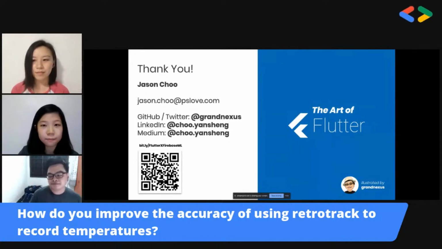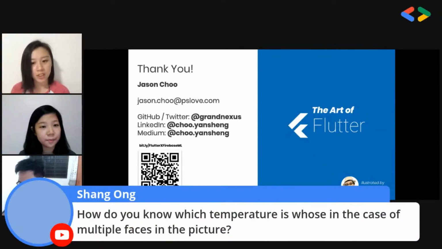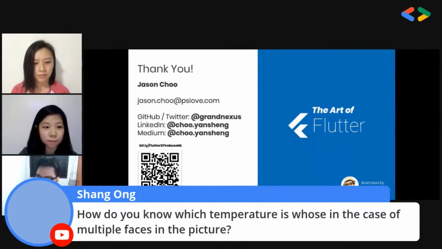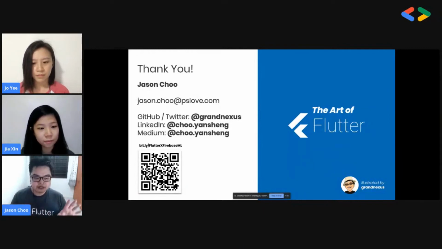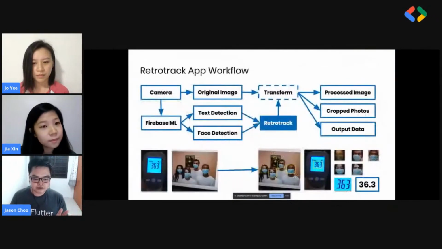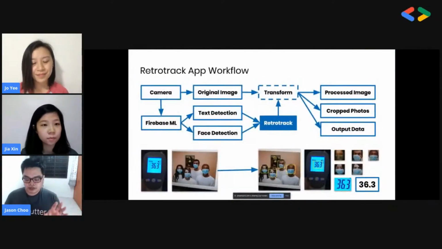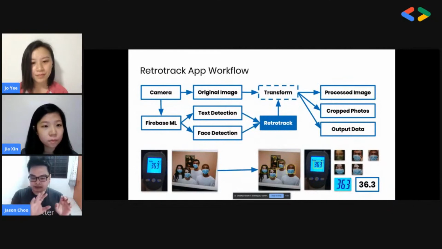How do you know which temperature belongs to whom in the case of multiple faces in the picture? Yeah, this is a use case that I was trying to do during my hackathon. Right now I do a sequence-based way of tracking. Once the photo is detected, you can see in this photo that it will give you a range, like all the captured images in sequence 1 to 5, for example.